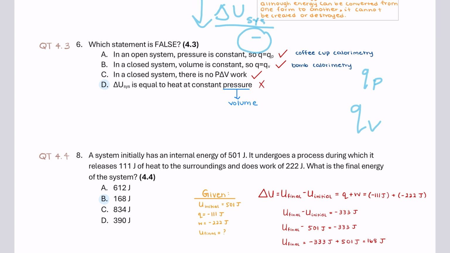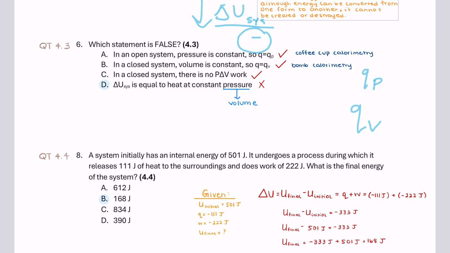The change in internal energy, delta U, is only equal to heat at constant volume, not constant pressure. That's because at constant pressure, some of the heat goes into doing pressure-volume work, like expanding against atmospheric pressure.